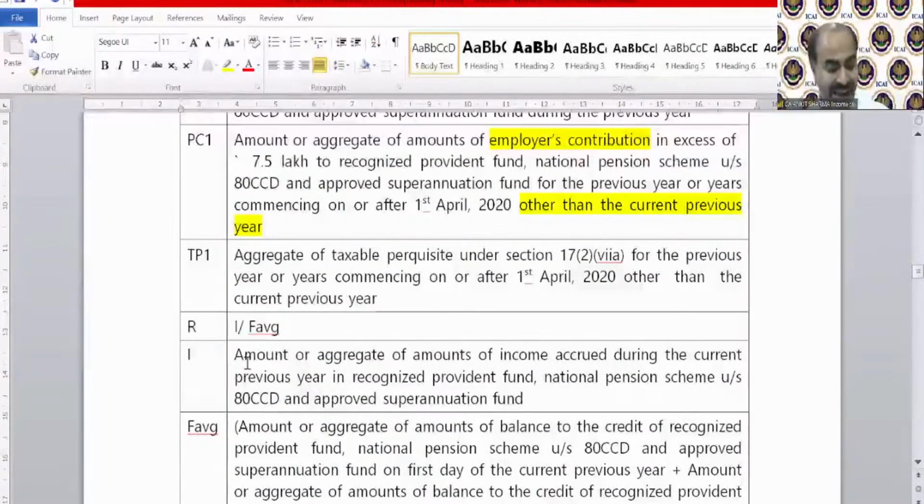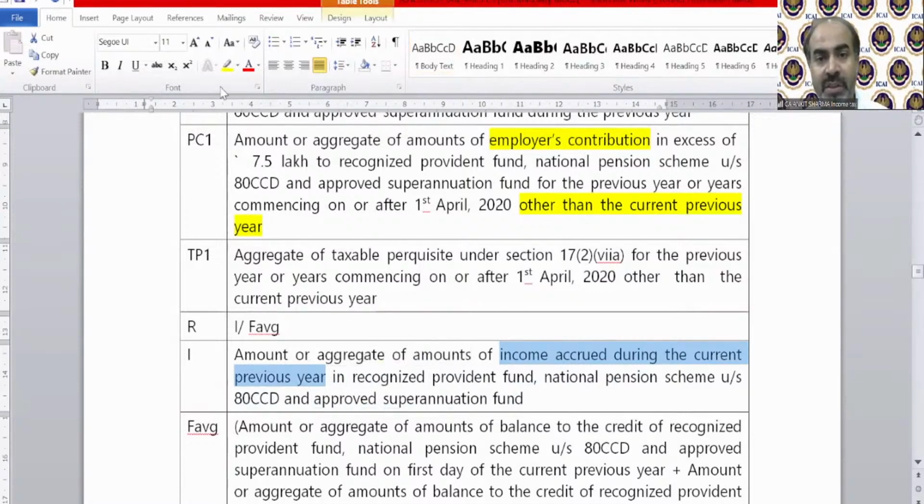Now what is I? I says the amount or aggregate amount of income accrued during the current previous year in the RPF, NPS or recognized superannuation fund. So we need to find out this value, and it will be found like this.